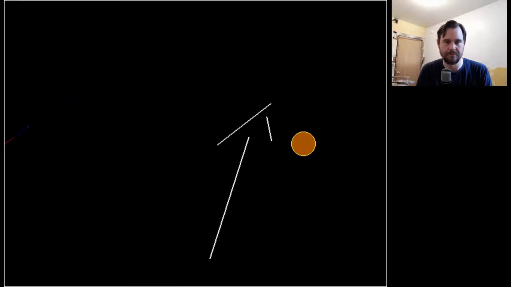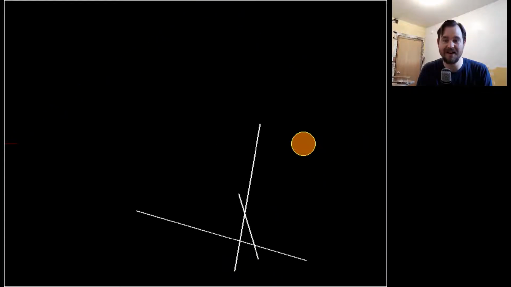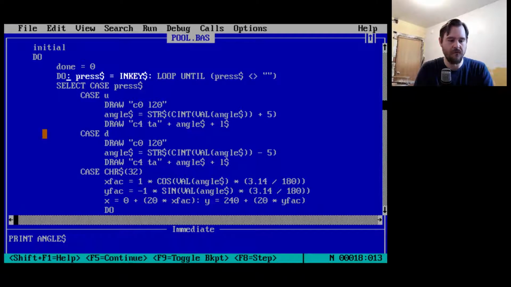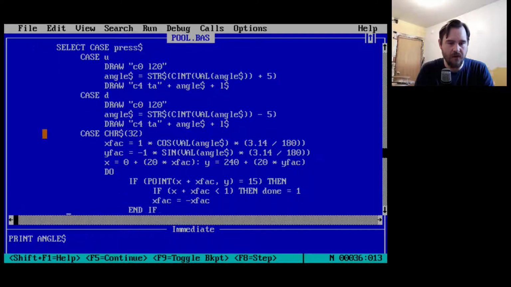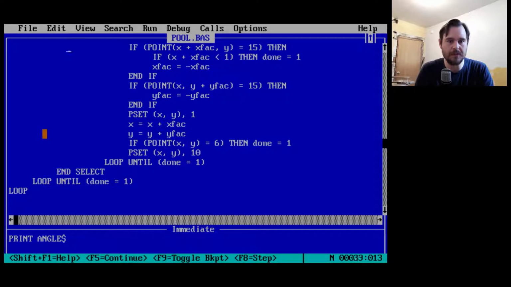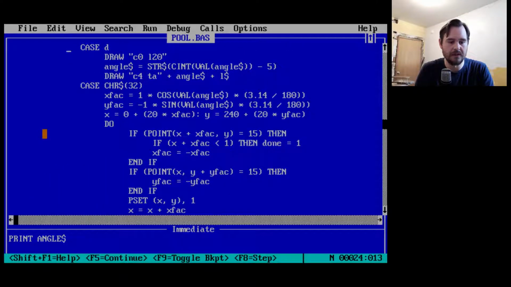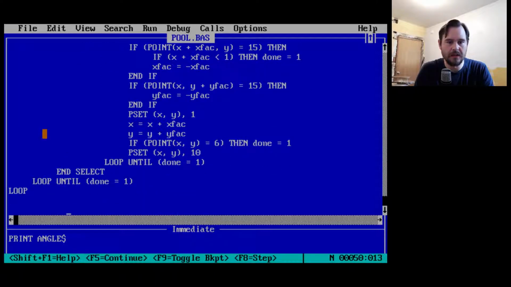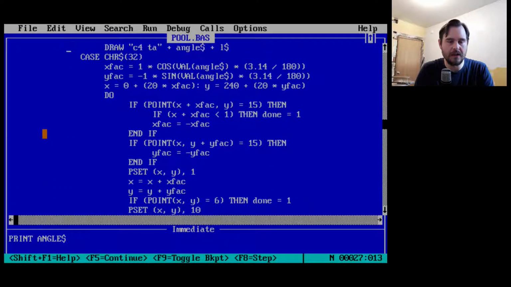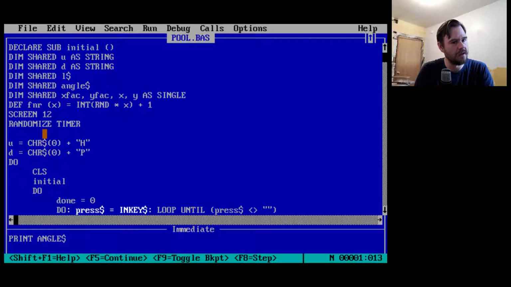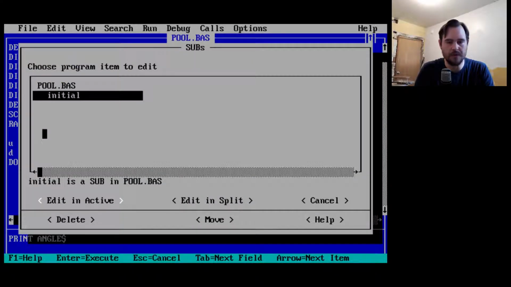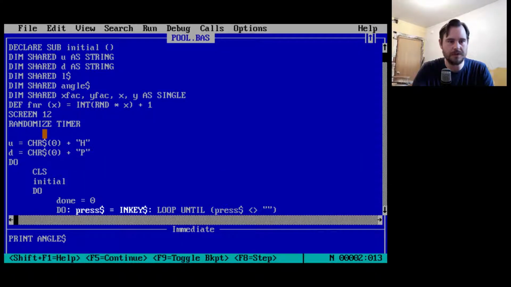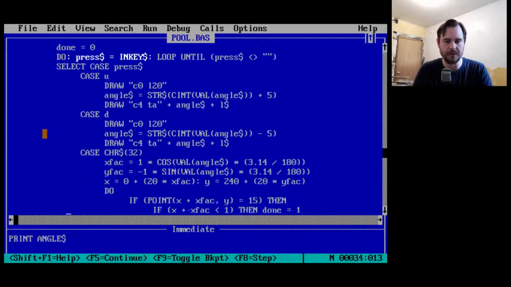Oh, I did get it if you see. That's it. This entire program is just this one subroutine plus an initial subroutine.